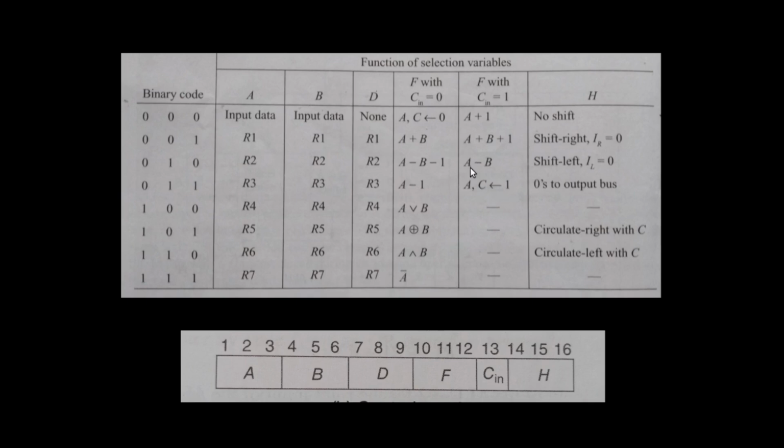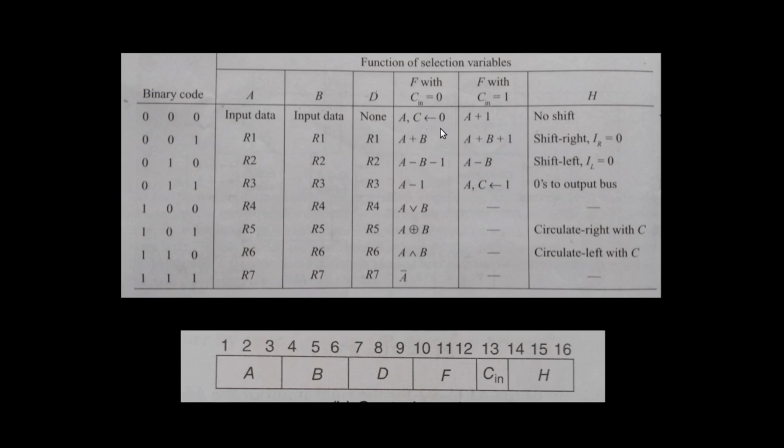Another transfer operation is if we give 011 to our F select lines and C in is equal to 1. In that case also a transfer will take place, but the carry flag will also be set. That is, the C status register bit will also become 1.